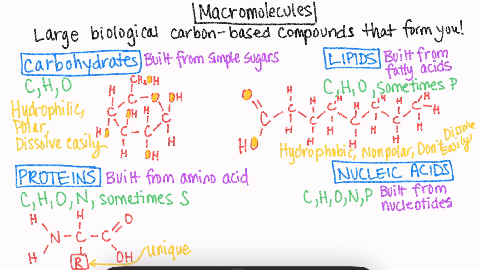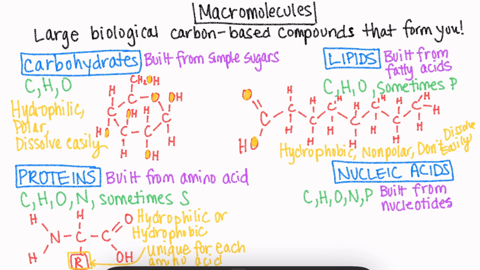The R group is unique for each amino acid. It's going to determine whether or not the amino acid is hydrophobic or hydrophilic. So if the R group has a bunch of oxygens in it, then yeah, this protein will be hydrophilic. If it doesn't have very many oxygens in it, then it's going to be hydrophobic. So they can be either, and it comes down to what atoms make up that R group. There's 20 different amino acids.